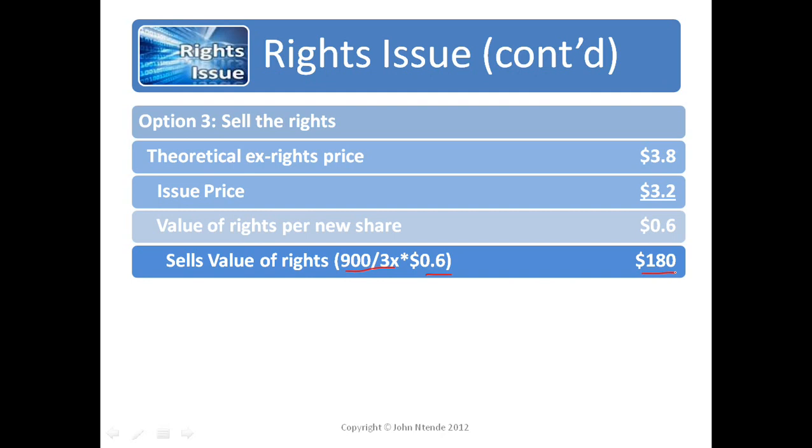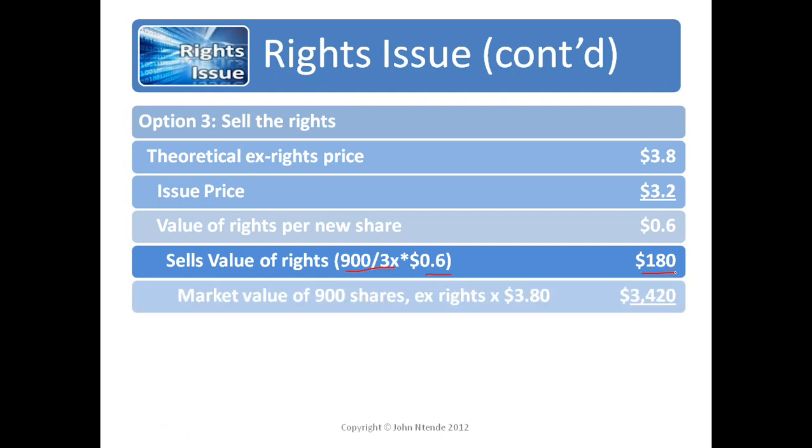So I can sell my rights to another person. Now the market value of 900 shares ex rights, remember we are multiplying 3.8 by 900, which gives us 3,420.